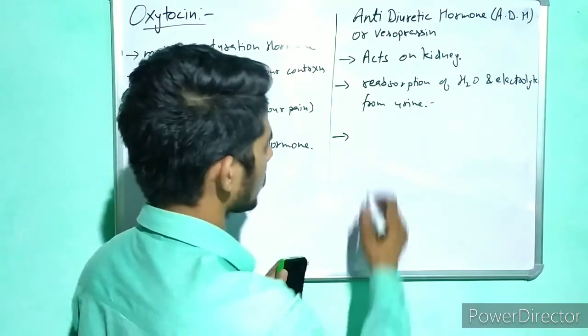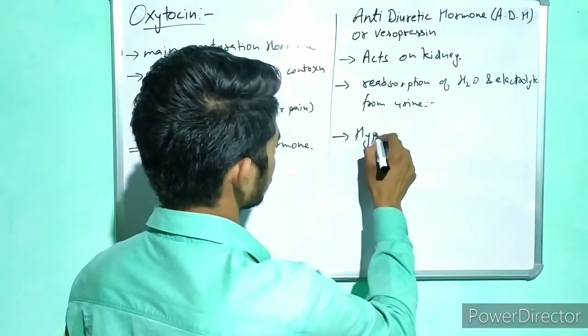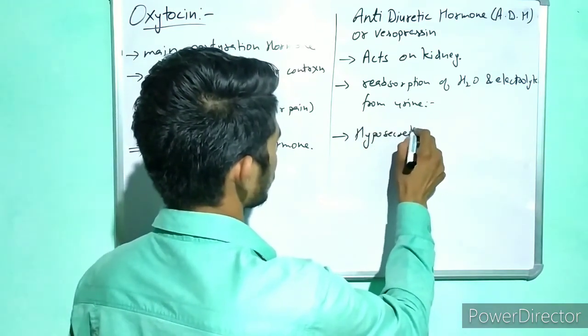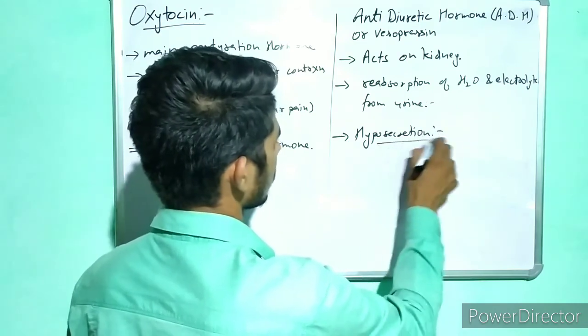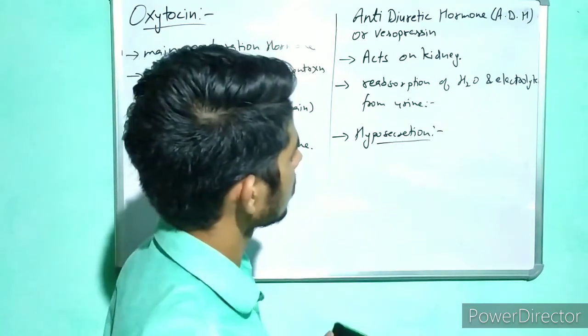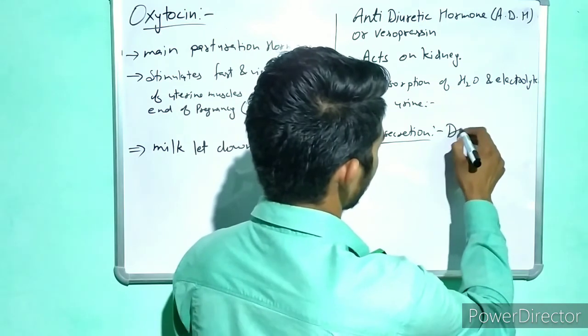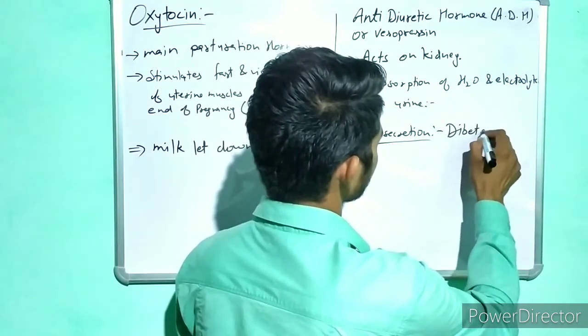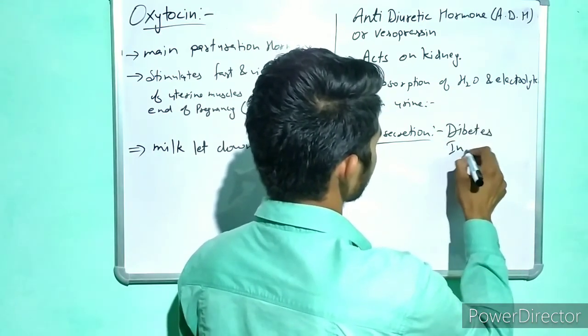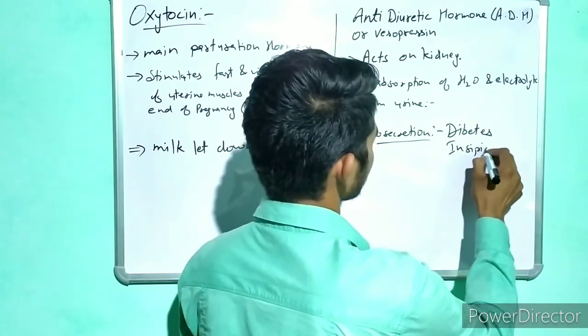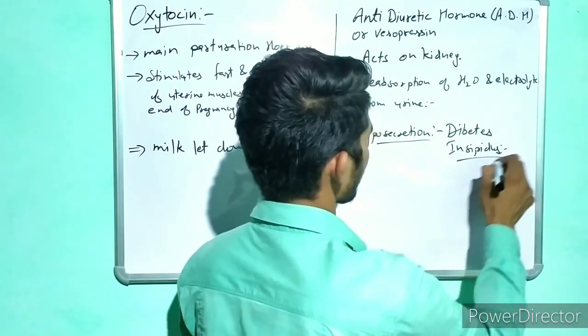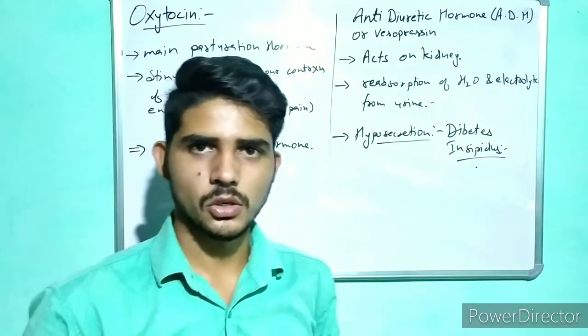And due to hyposecretion, meaning low secretion, the disease caused is known as diabetes insipidus. So this is all about the pituitary gland.